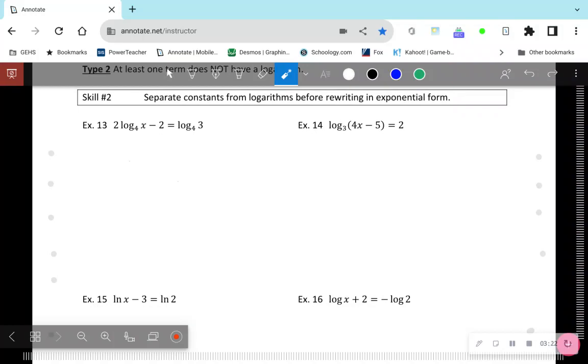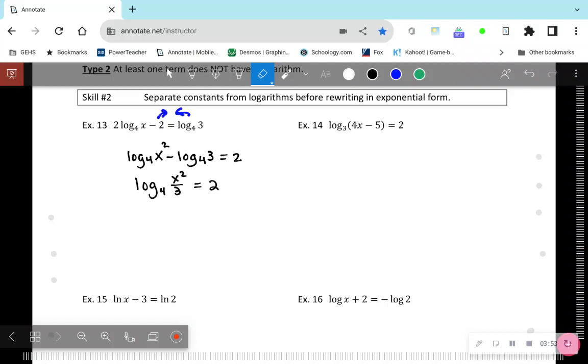Okay, so this minus 2 here needs to go to the other side. The logarithms have to come over and join each other. So first, take the negative 2 over, and you can see I've got a positive 2 on the other side, and bring that logarithm back to join its partner. So now what we're going to do over here is use the quotient rule and rewrite this side.